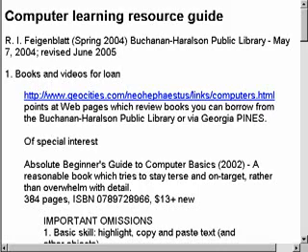Here, then, is the absolutely final page, a computer learning resource guide, which I prepared about a year ago and recently revised, and it points you to additional sources of information for learning about computers. Again, just like the previous page, you're going to need the mouse or the page up and page down keys on your keyboard to look at the entire thing.